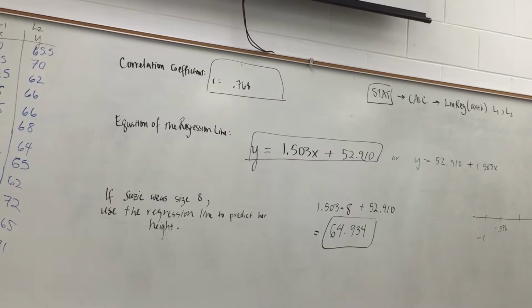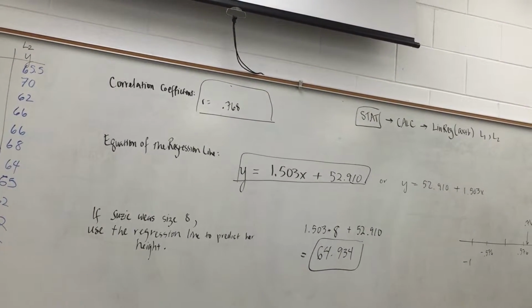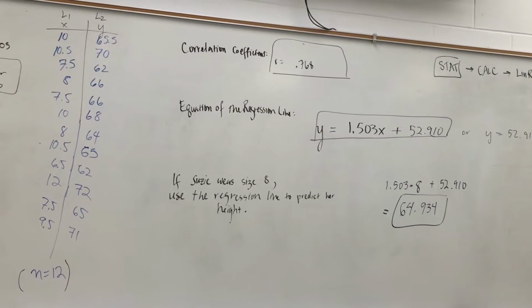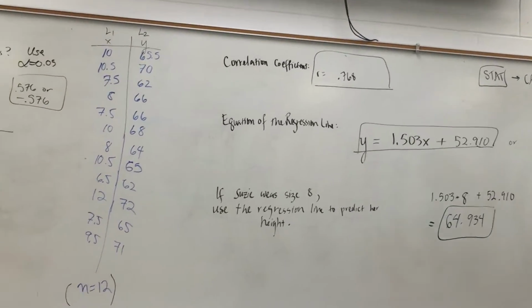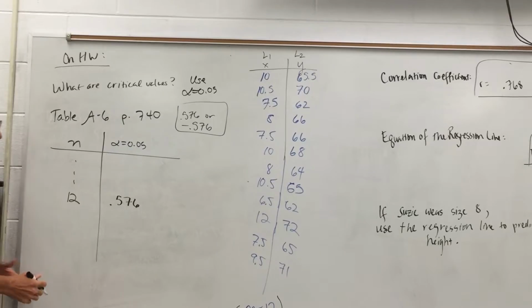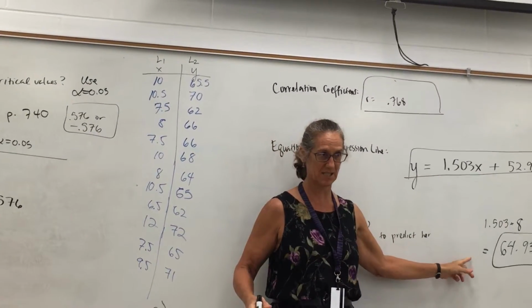Yes, it's closer to 1 than that, between that and 1. So you'd say yes, there's support for the claim that this is a linear correlation, and that means that then we're actually good to use it.